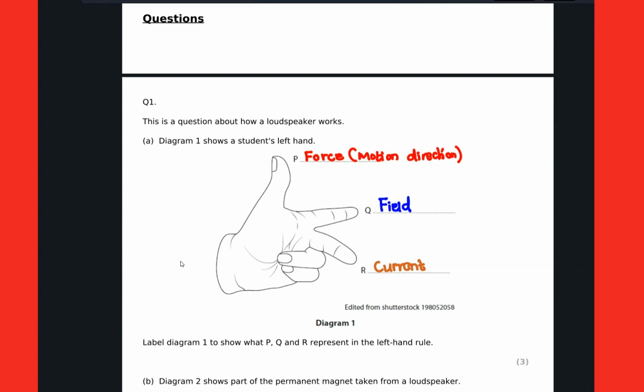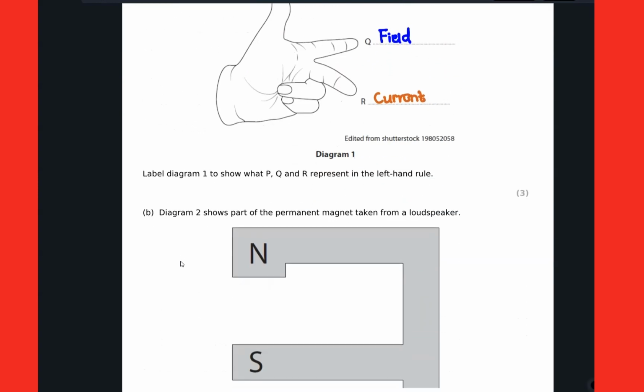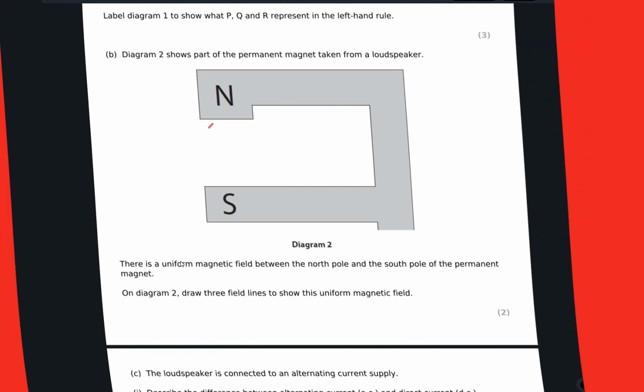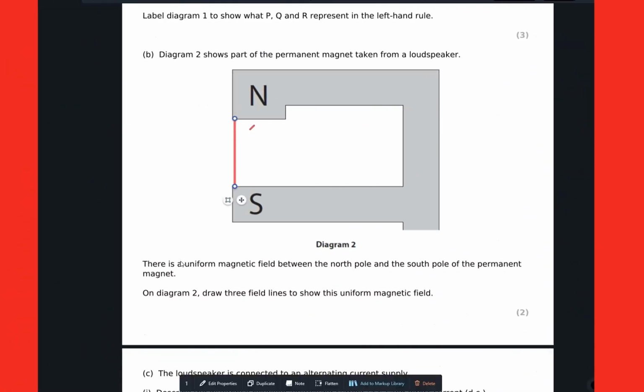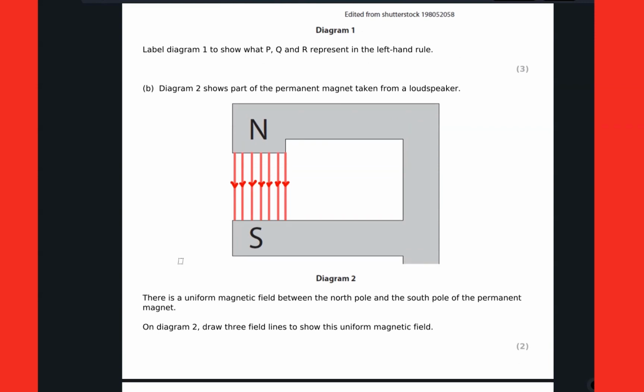The next question: we are given part of a permanent magnet of a loudspeaker, and we are supposed to draw the magnetic field. This is a uniform magnetic field, and we need to understand that a uniform magnetic field has conditions that you must apply.